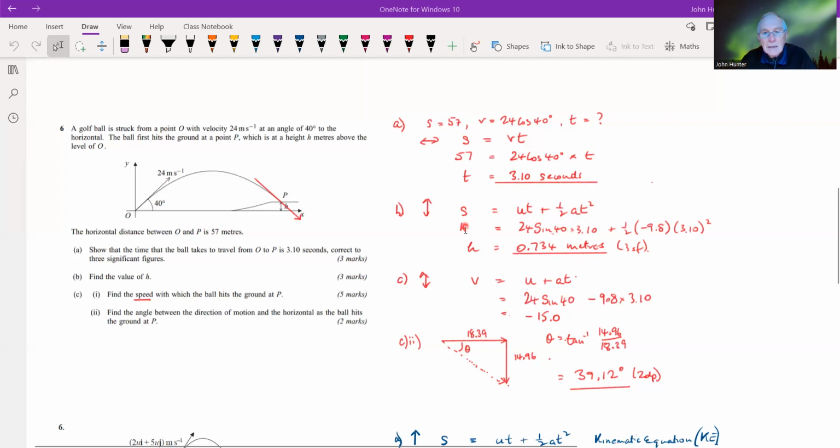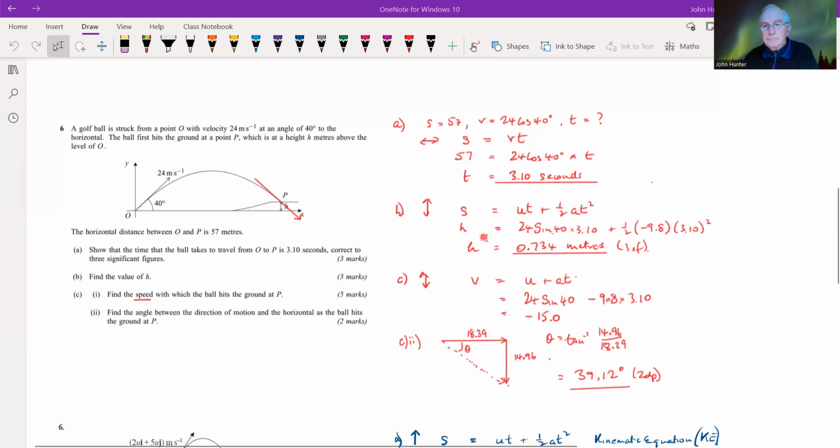And now S is h. Because it's starting off from the ground, the net distance that it's going up is h.